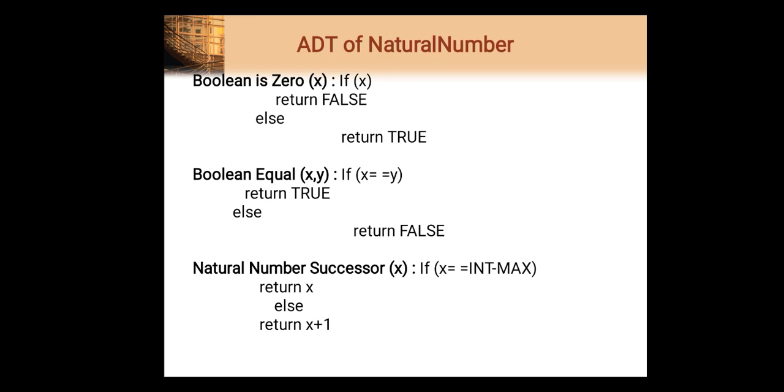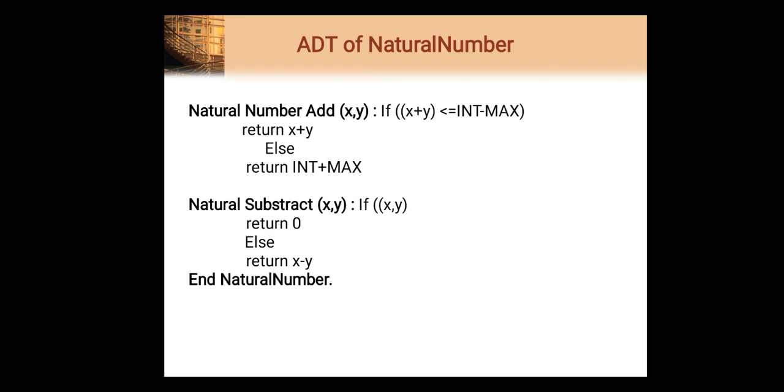Then we check whether our natural number has any successor node. Similarly we can add two natural numbers, like we can add two digits, we can subtract two digits, we can multiply. In this way different operations you can write down in the ADT. And at the end of the ADT you can say end of natural number.